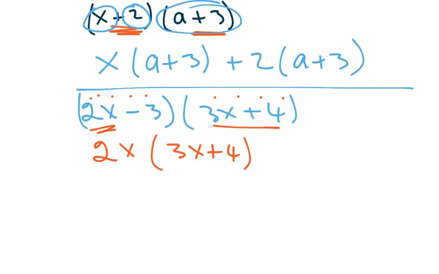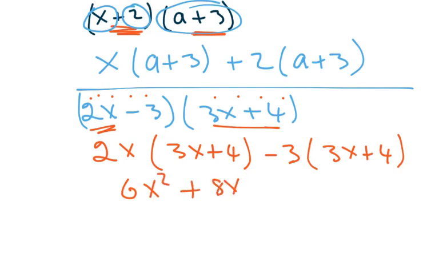And then I multiply the minus 3 by everything, 3x plus 4. And I multiply that out the same as we've done before. In this case, you get 6x squared plus 8x minus 9x minus 12, and so on. Yeah, I think that's correct. All right, so that's multiplying expressions.